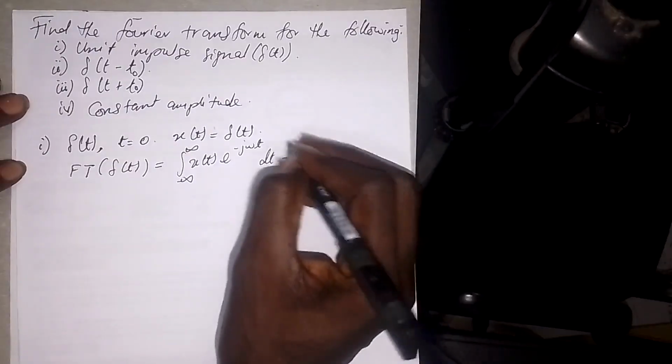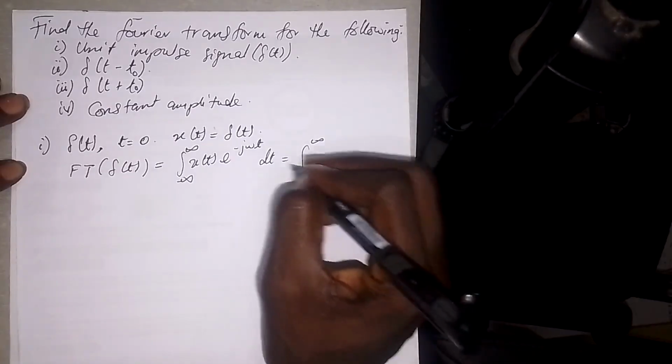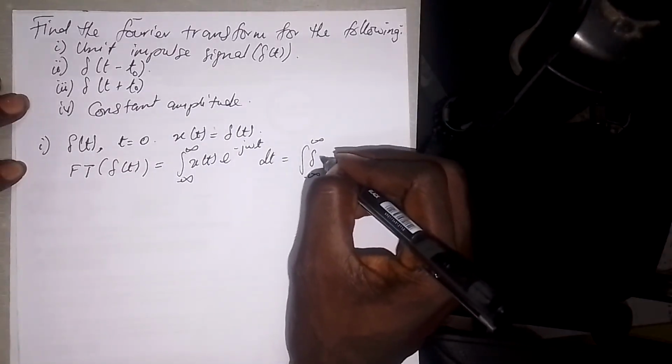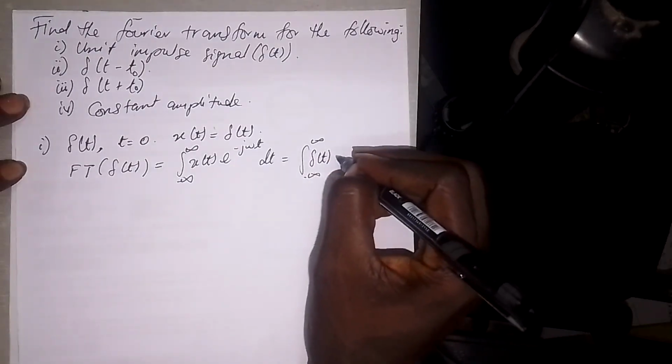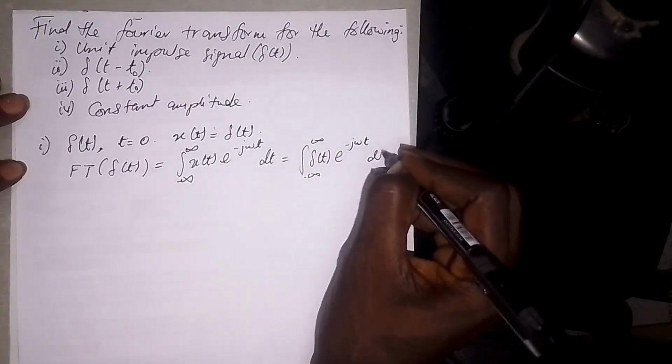You must always remember the formula and then write it down. So here we put in the value. x of t is basically delta of t, which is multiplied by e to the minus j omega t dt.